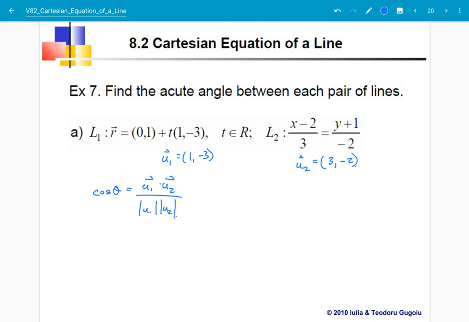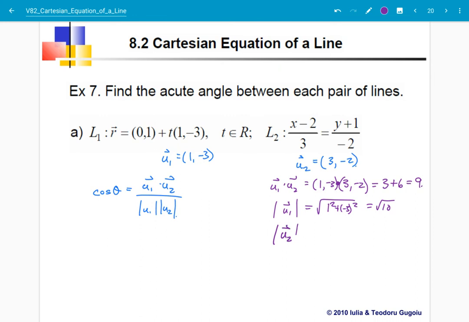So first thing I'll do off to the side here is dot them. So 1 and -3 dotted with 3 and -2. That's 3 plus 6 or 9. Magnitude of u1 is 1 squared plus -3 squared. That's root 10.